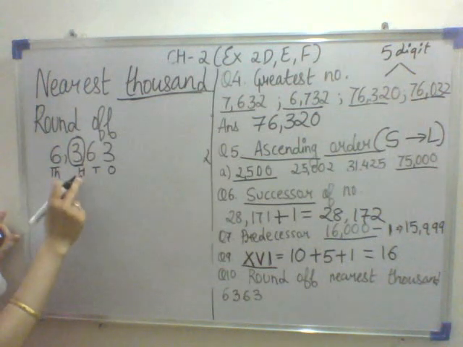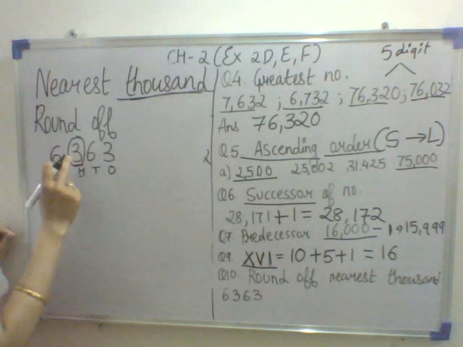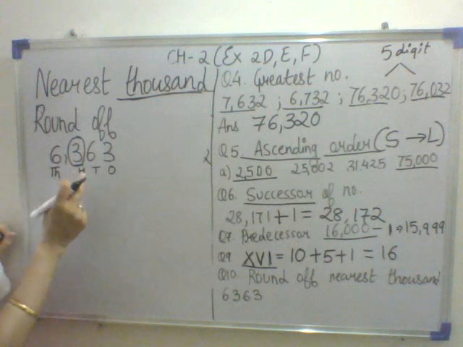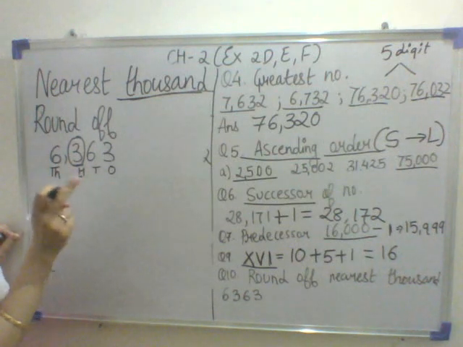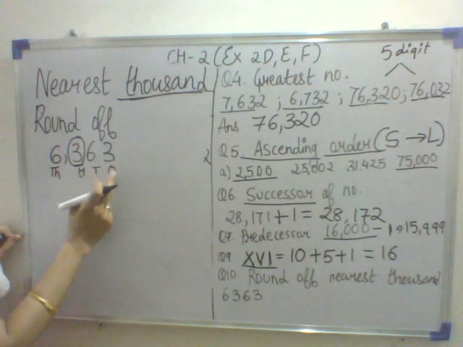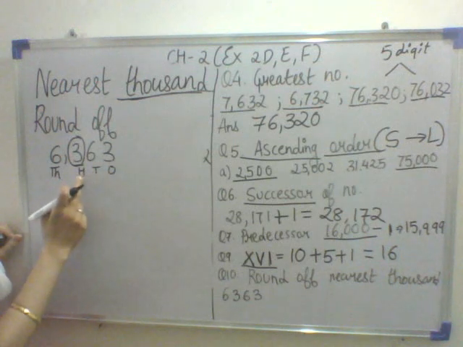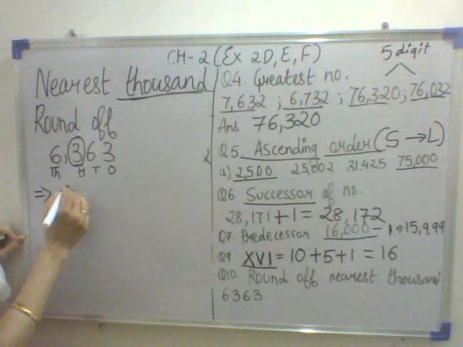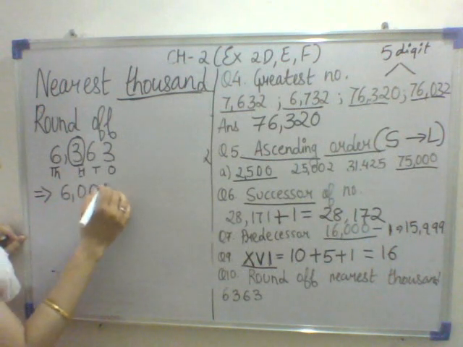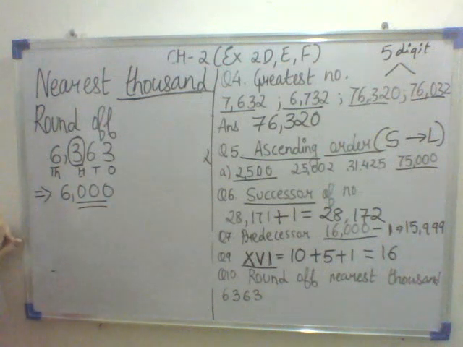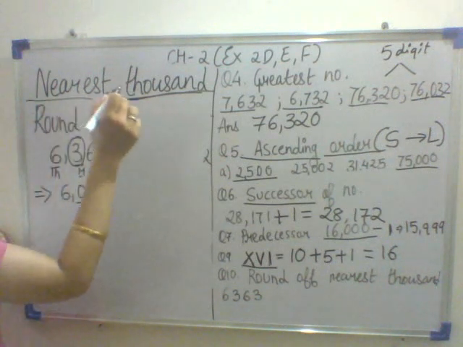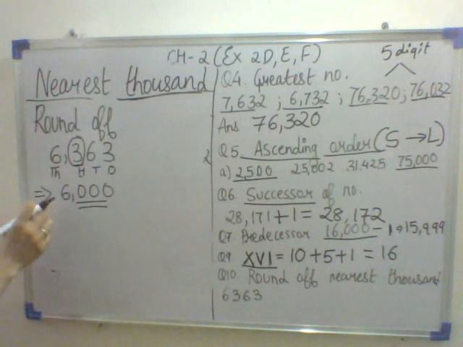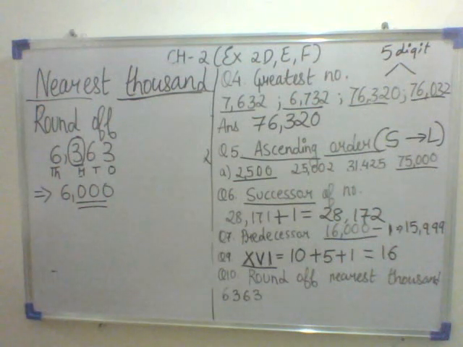If the digit at the hundreds place is 4 or less than 4, then the digits at the ones, tens and hundreds place will become 0. So if you round off this number, you will get 6,000. If you round off the number to the nearest 1000, you will get 6,000. In this way, we do the round off.